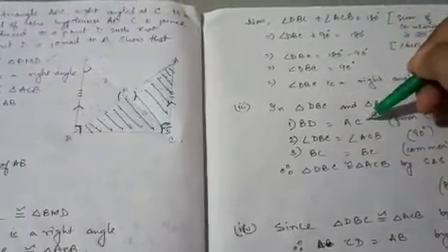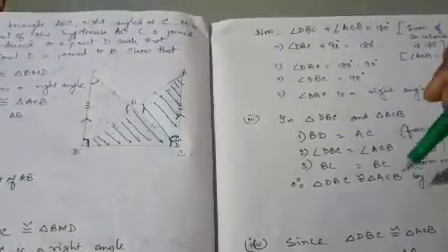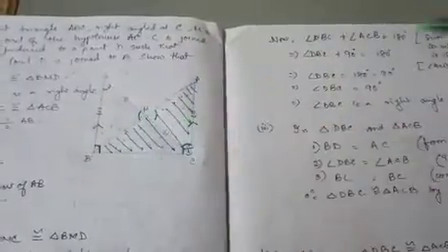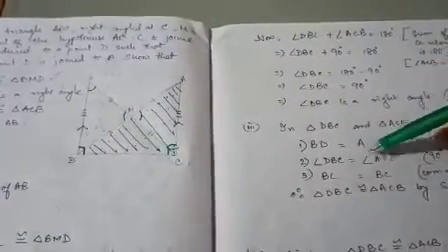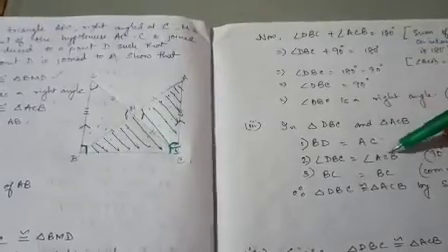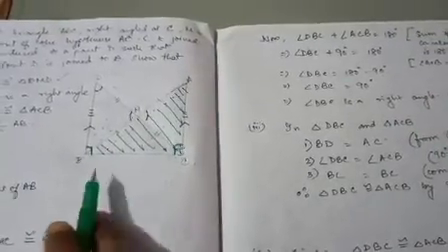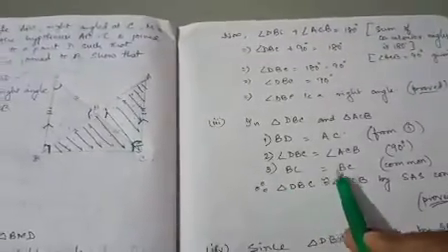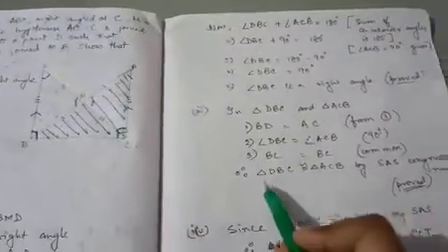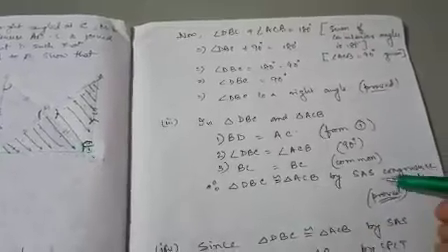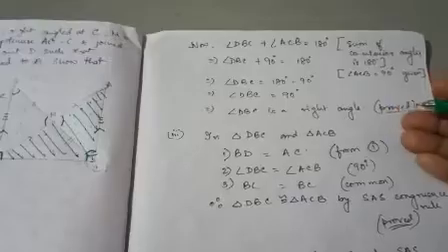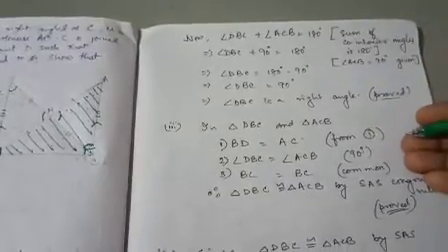BD is equal to AC, from our first proof by CPCT. Angle B and angle C are 90 degrees, and BC is a common side to both triangles, so BC is equal to BC. So these two triangles are congruent by the side angle side congruency rule. So our third proof is also done.